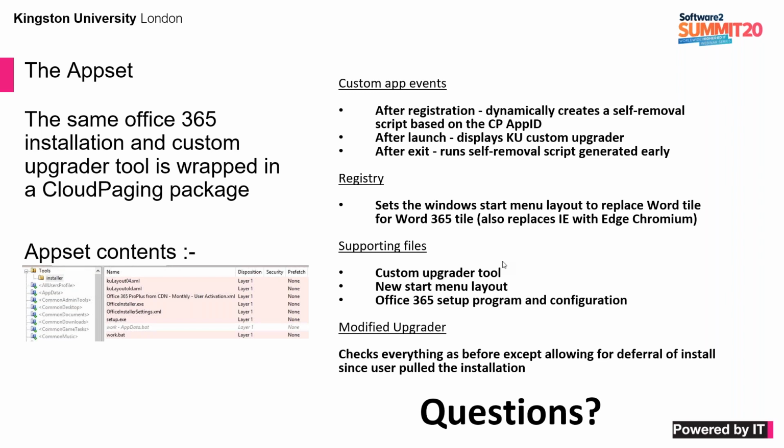Yep. Another question we've got here is, after pushing out Office 365 to staff off-site, do you still use any GPOs for any settings, or is it just out of the box? We try and keep things as out of the box as possible, and that applies not just to Office 365 but to everything we do.